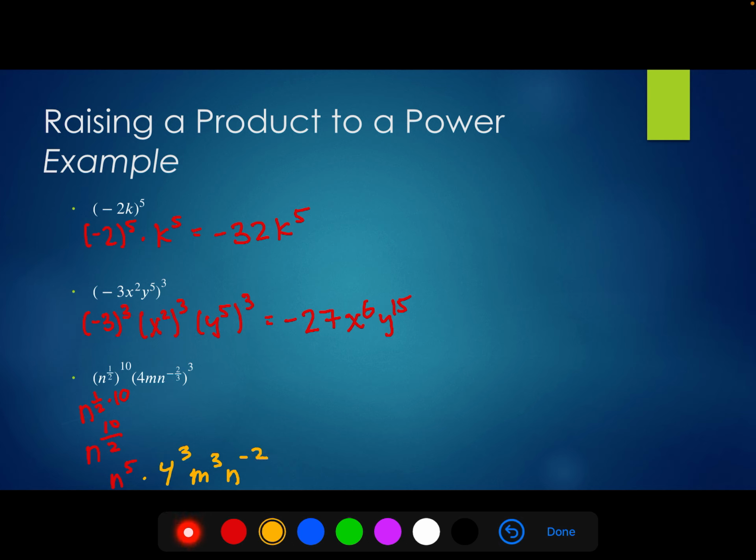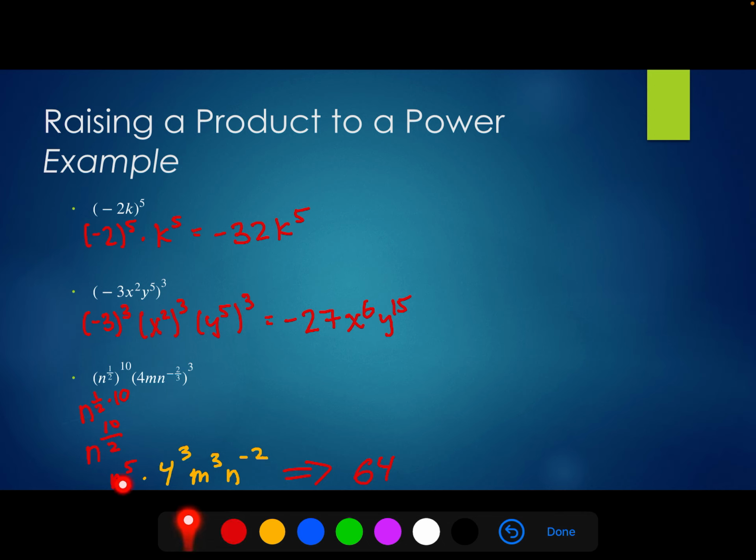And now from here, we can just simplify and then multiply our powers that have the same base. So 4 to the third power, that is just going to give us 64. And then we have our n's.